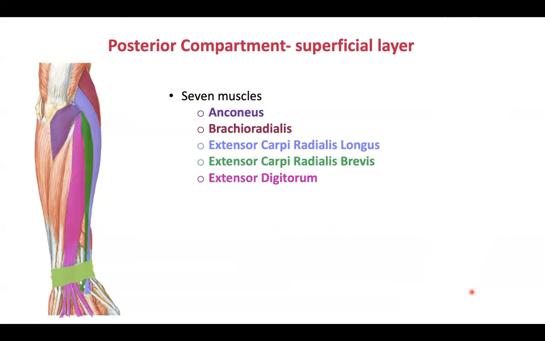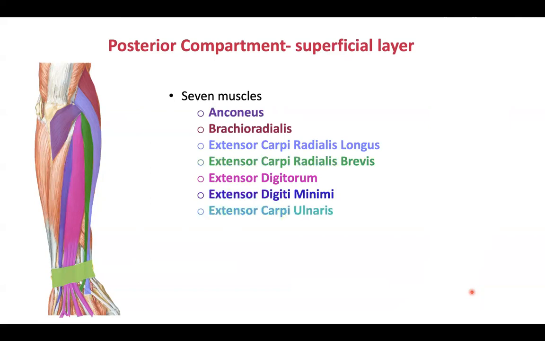We have extensor digitorum muscle. We have extensor digiti minimi. And the last and the most medial muscle is extensor carpi ulnaris muscle. And all of them are innervated by the radial nerve, and most of them originate from the lateral epicondyle.